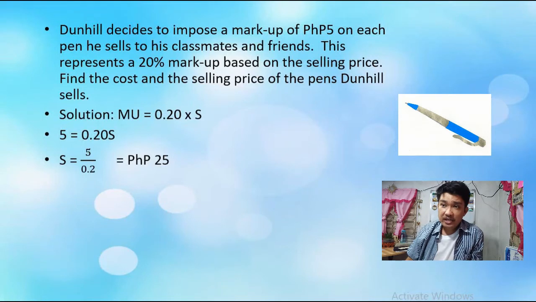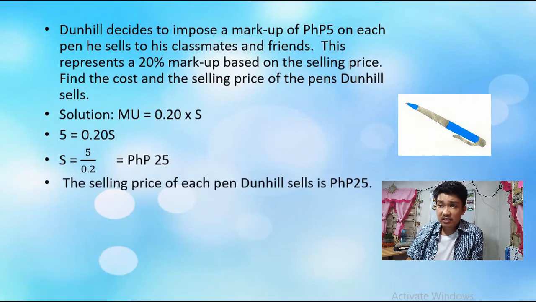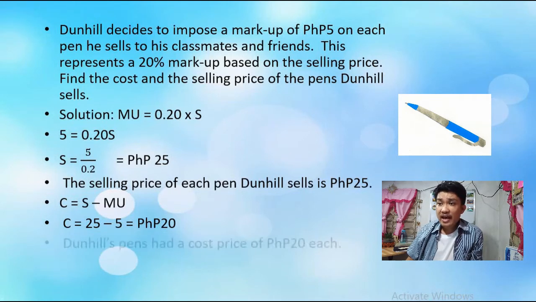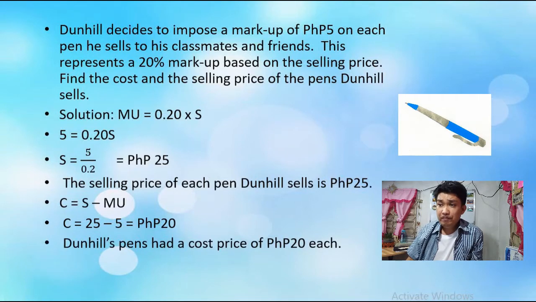So the selling price of each pen Dunhill sells is 25 pesos. So the cost is equal to S, or the selling price, minus the markup. So cost is equal to 25 pesos minus 5 pesos, which is equal to 20 pesos. So Dunhill's pens had a cost price of 20 pesos each.